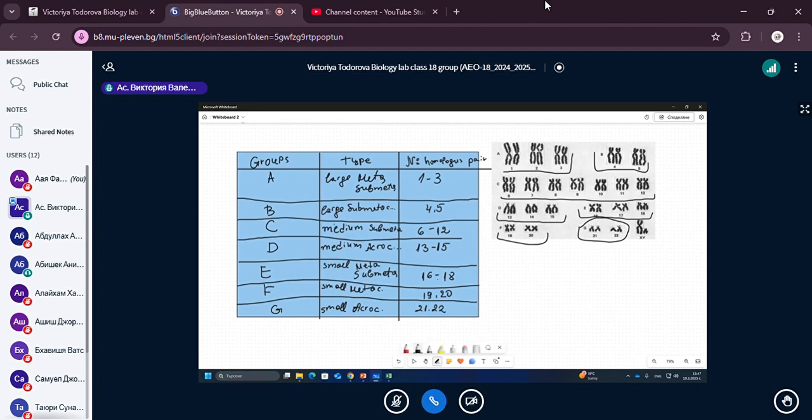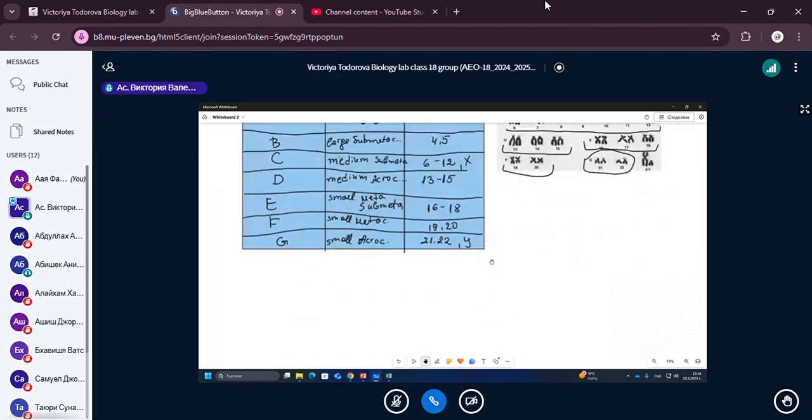So we can add here the X chromosome. If the example is with the female karyotype, karyogram, the other X chromosome is the same as this, and the Y chromosome is small acrocentric, so we can add it here. Just to know the shape and the size.